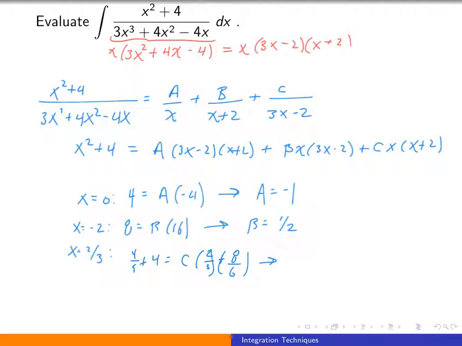And this is equivalent to telling us that c is equal to 5/2. So now that we've solved for our constants a, b, and c, we are now ready to anti-differentiate.